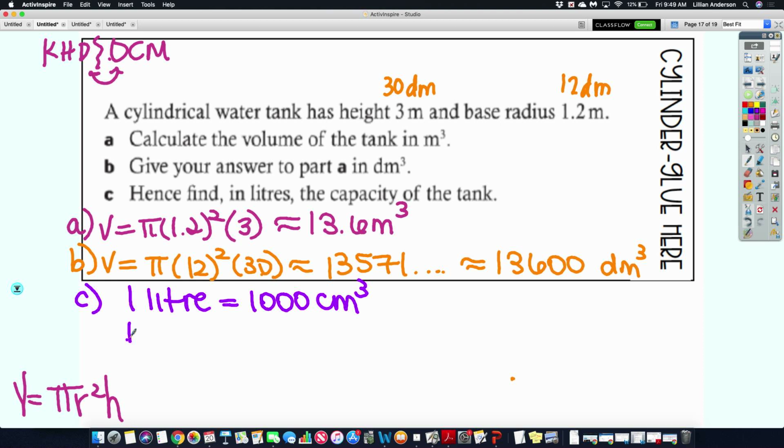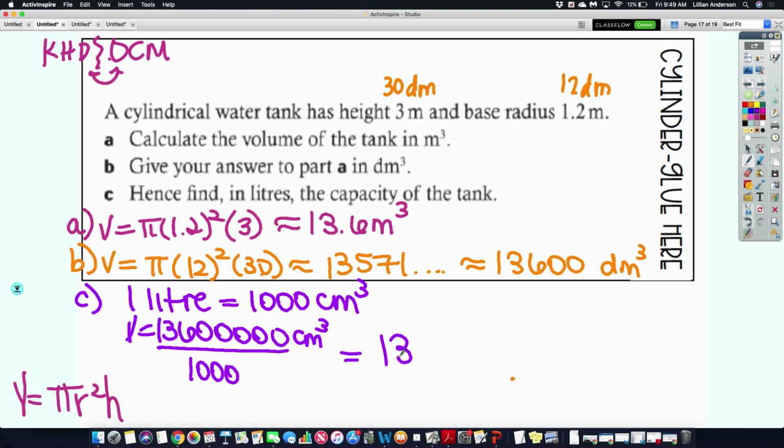So, the volume of this is going to be 136, and how many zeros? 5. And then you divide it by 1,000. So it's 13,600 liters.